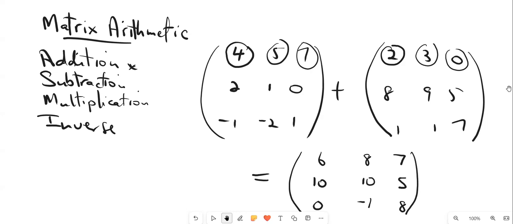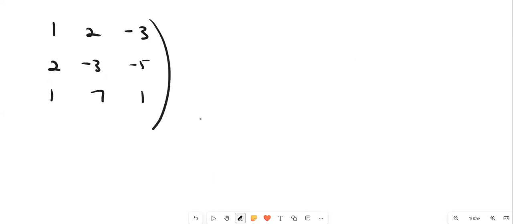Let's go to a little bit of subtraction. Okay, let's have another matrix. Let's cook one up. Is it the same one we had before?